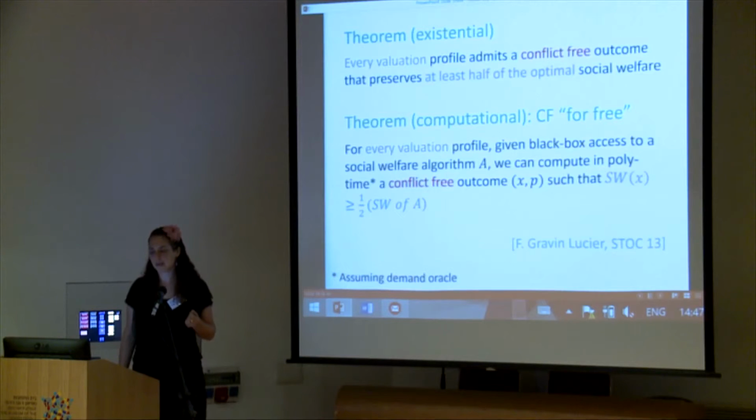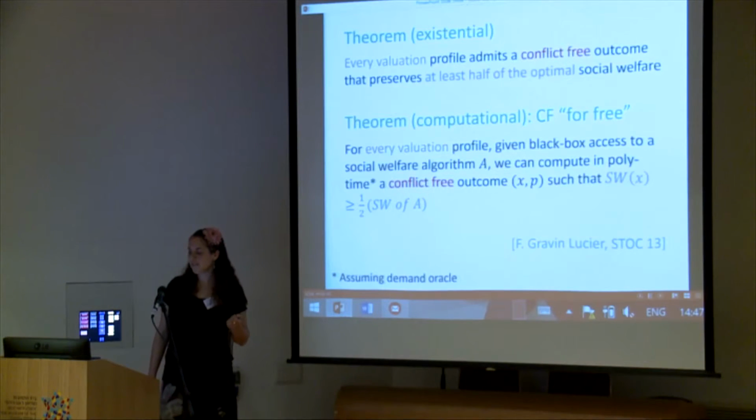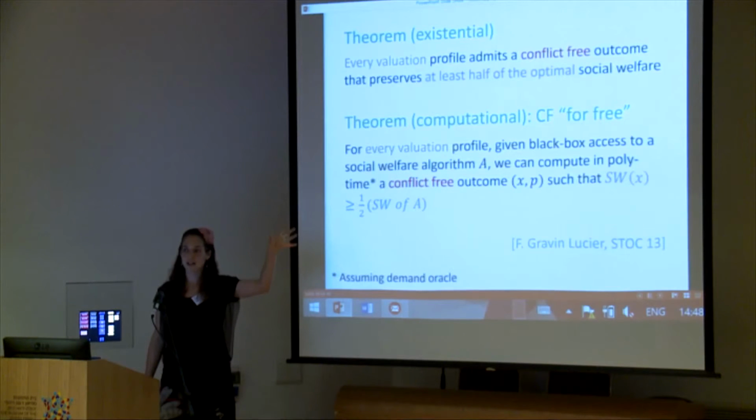In what sense? For every valuation profile, given black box access to some algorithm A that computes for us some allocation, we can compute in polynomial time a conflict-free outcome that gives us at least half of the social welfare of that algorithm.